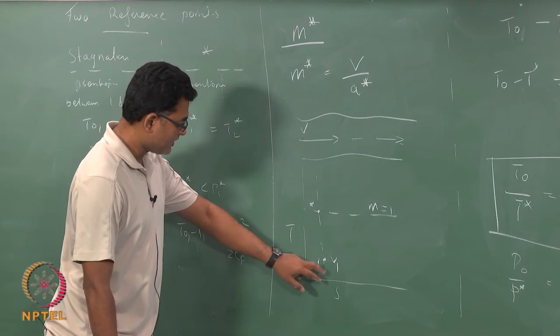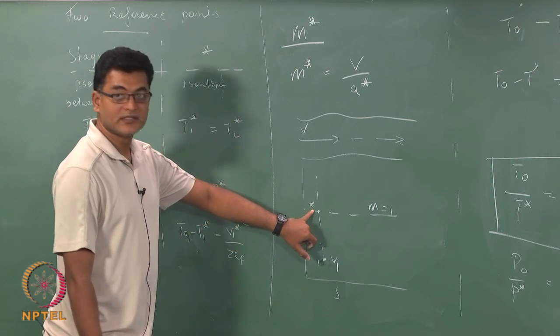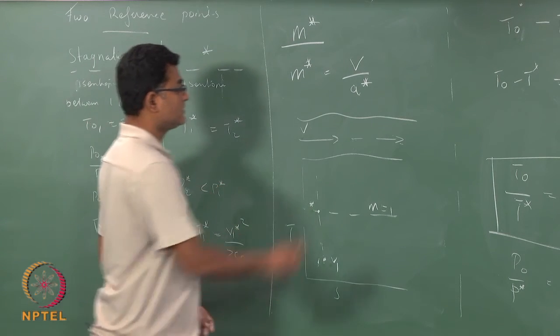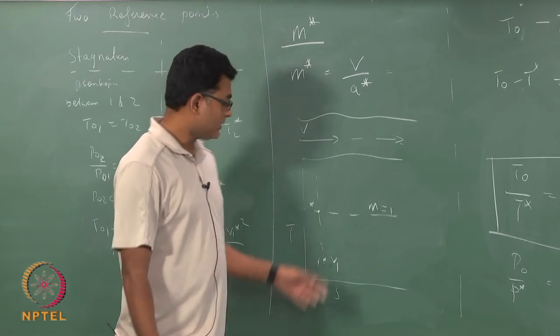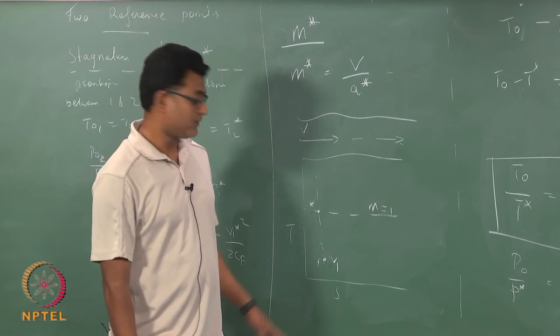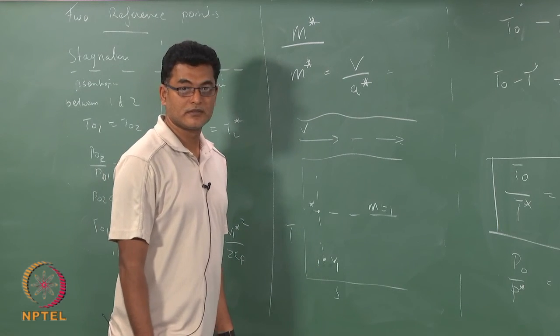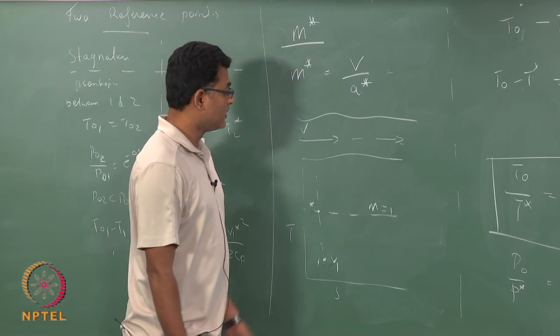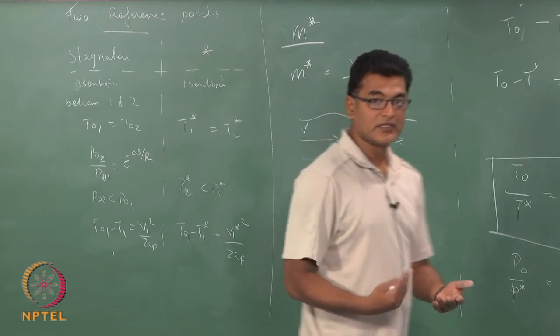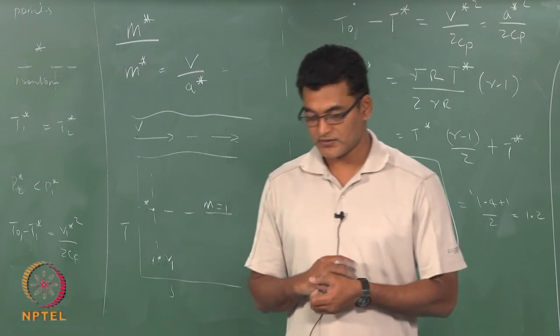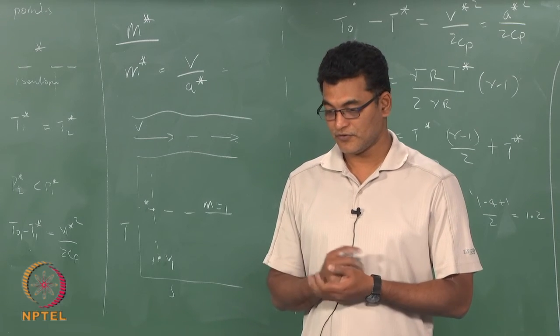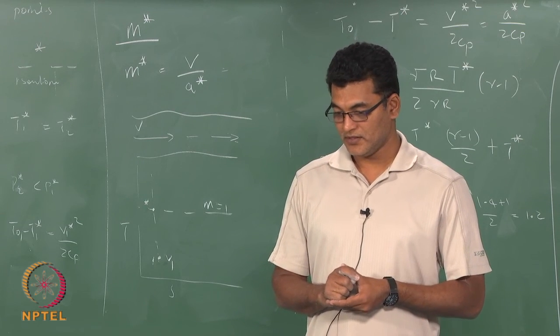So, M star is this V1 divided by this A star. So, this is not equal to 1, it can be 1, but it is not necessarily equal to 1. Okay. So, we will talk more about M star in the next lecture or so, when we discuss converging diverging nozzles and flow through converging nozzles.